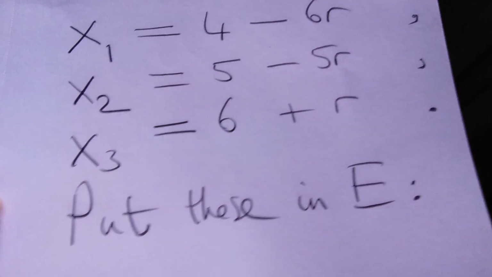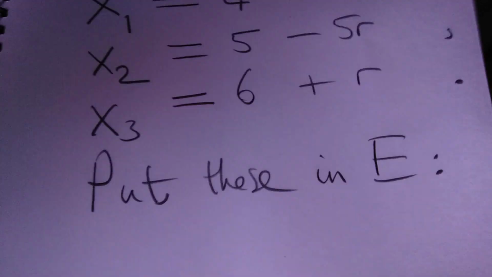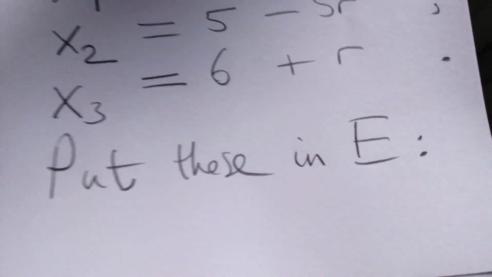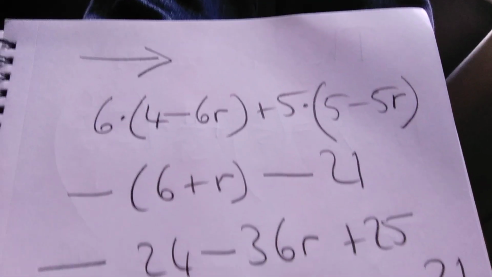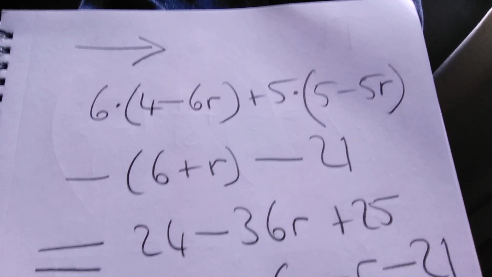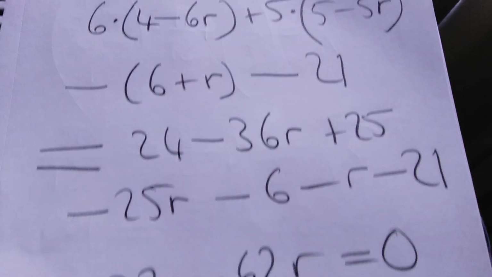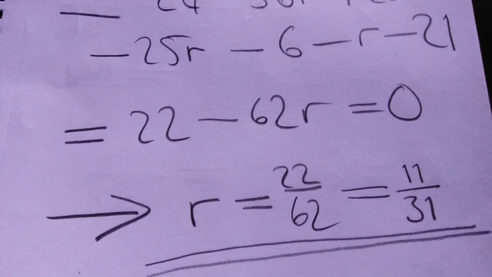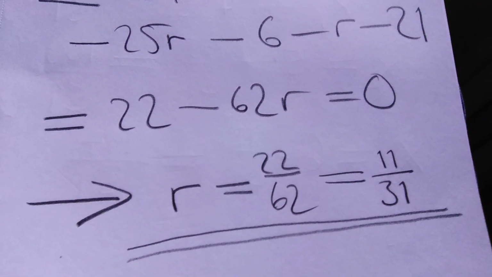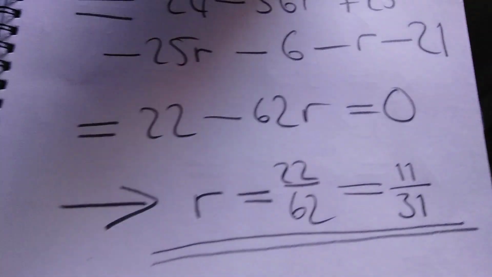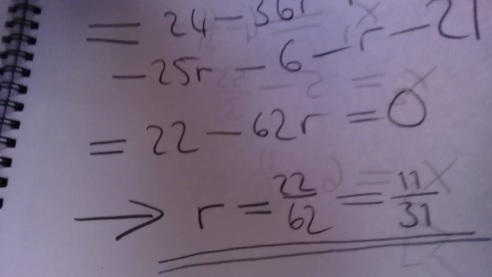Now we put these into the expressions for the plane E in order to find out what R is. And we work it through, and we end up with a value for R which is 11 upon 31.